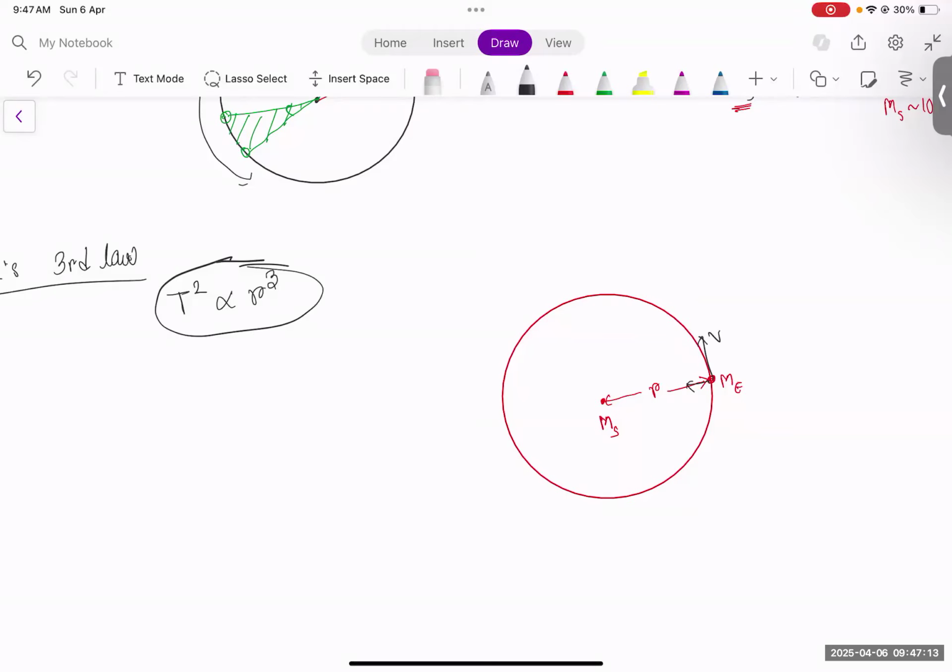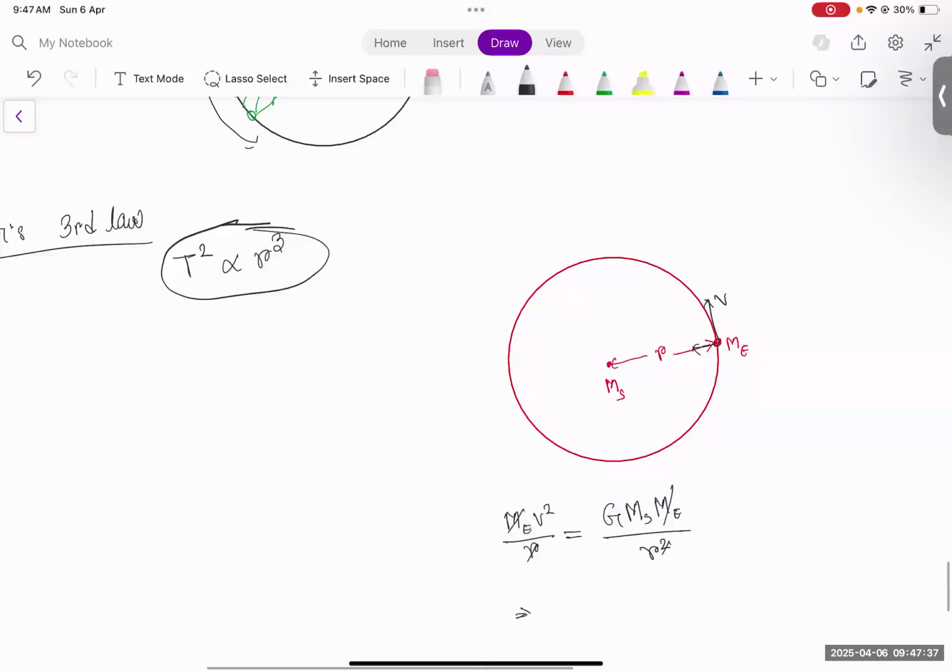That will be m v squared divided by r. But then where is this force coming from? This is coming from the gravitational force. So this will be equal to G Ms Me divided by r squared. You cancel out Me, you cancel out one r, you get v squared is G Ms divided by r.